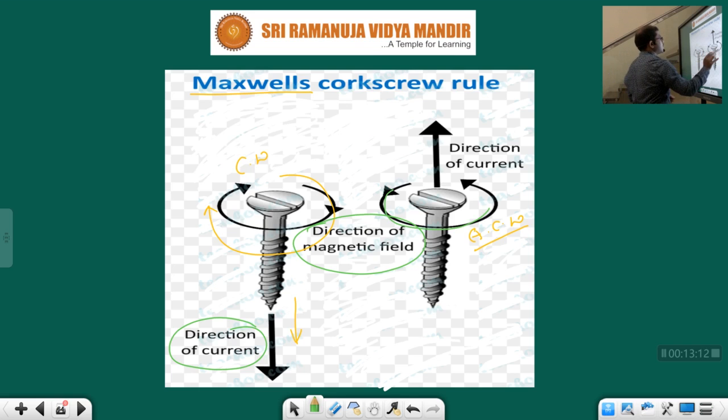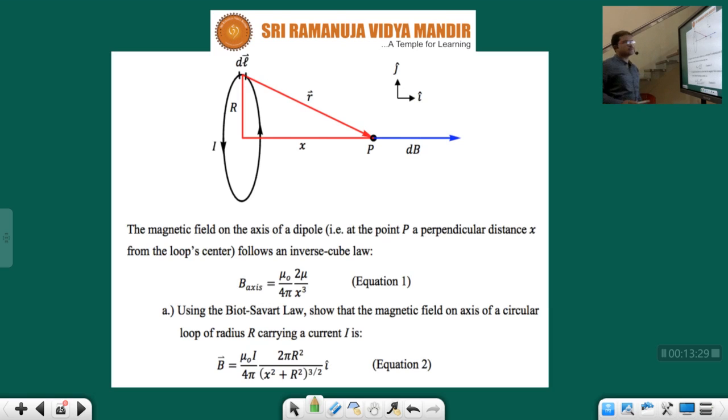Similarly, if we rotate the screw in anti-clockwise direction, the screw will come upwards, which means the current direction is up. Clear, children? I am taking help of that.